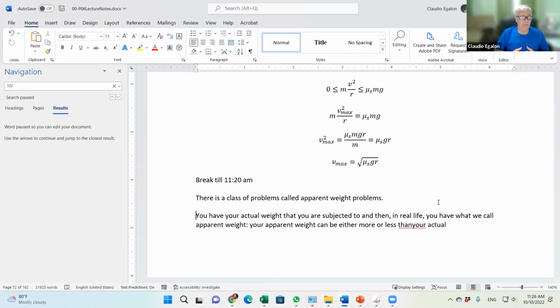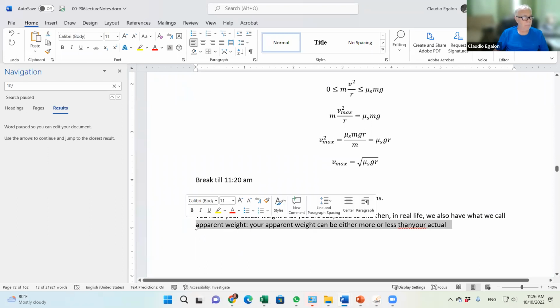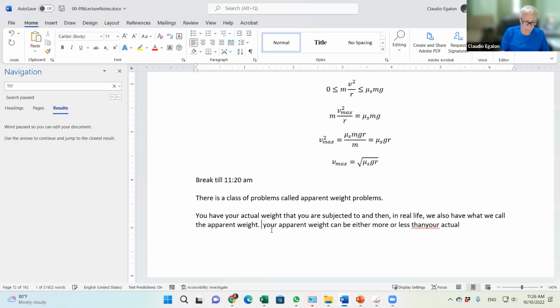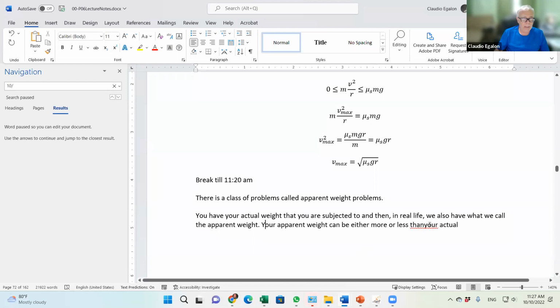And then in real life, you also have what we call the apparent weight. Your apparent weight can be either more or less than your actual weight.